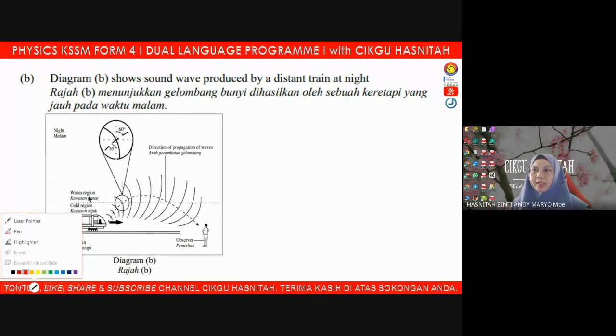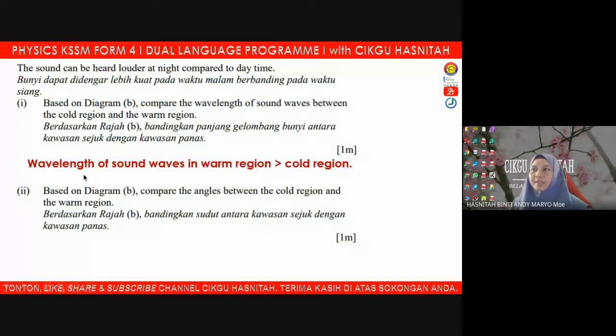You can see in the warm region, the distance is greater from one to another. Compared to the warm region, the wavelength in the cold region is shorter, right? So we say the wavelength of sound in the warm region is greater than the cold region. See, must come with the parameter. Wavelength of sound in a warm region is greater than that in the cold region.